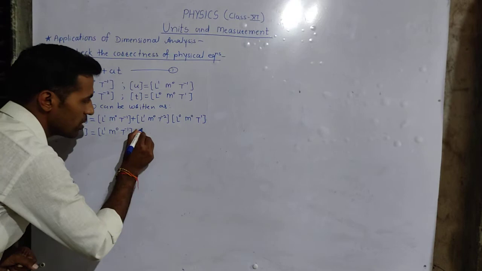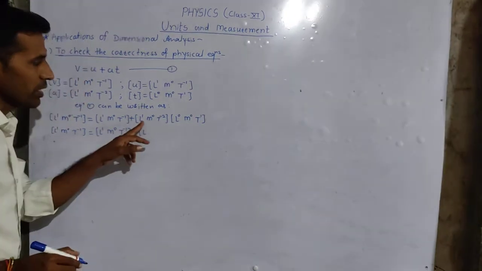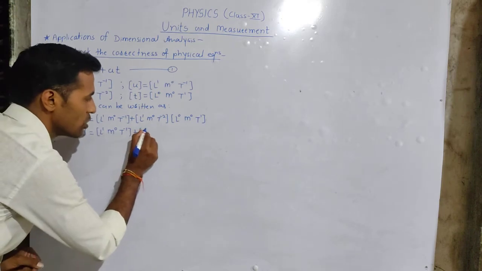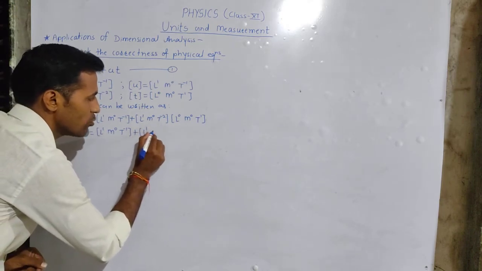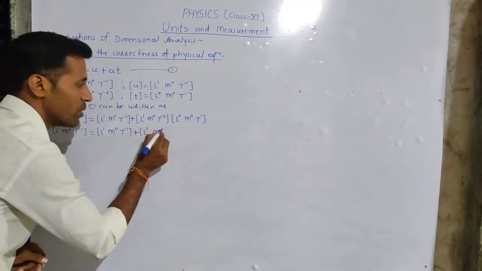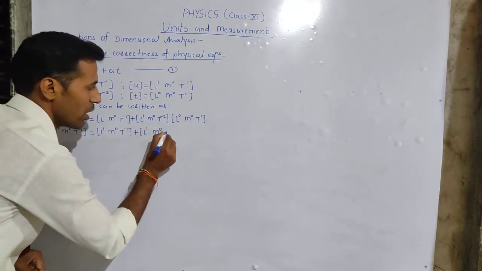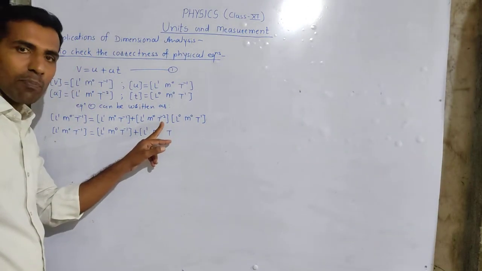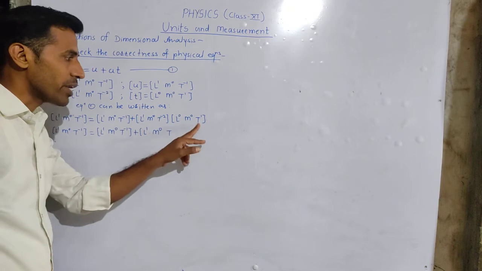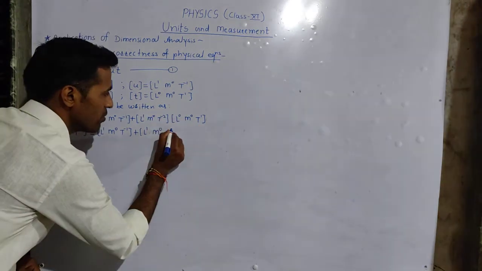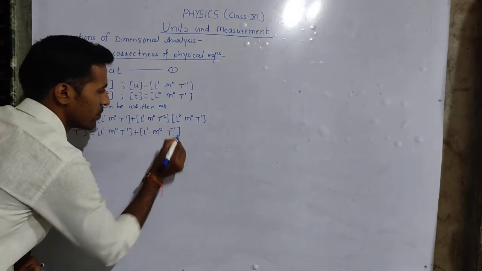After multiplication, we get L to the power 1 and L to the power 0, so it becomes 1 plus 0, that is 1. And there are 0 powers of the mass, so it becomes 0. And for T, in the acceleration, the power of T is minus 2, and in the time, the power of T is 1. So minus 2 plus 1 becomes minus 1.